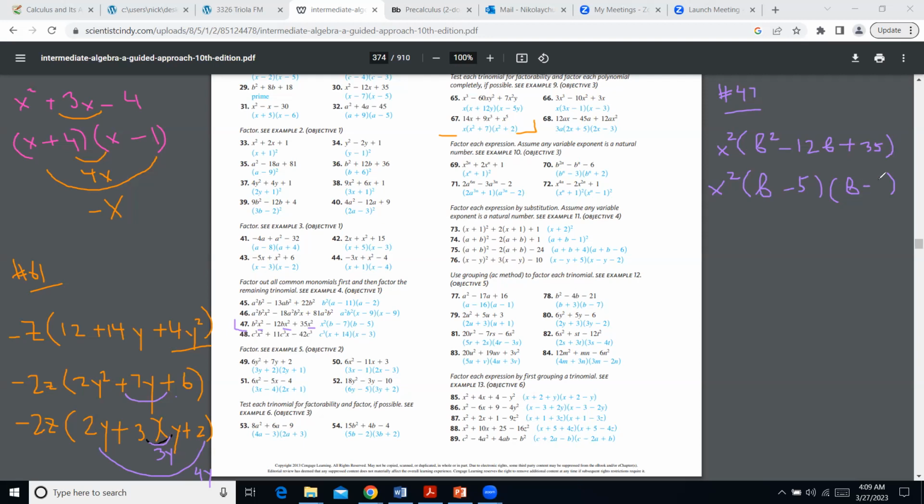When you multiply negative 5 by negative 7, you get the product, with minus 5b and minus 7b. And that's exactly what we have here. It's negative 5 and negative 7 that add to negative 12.